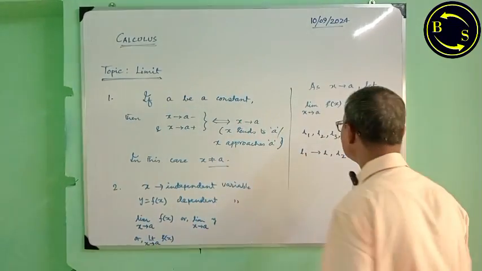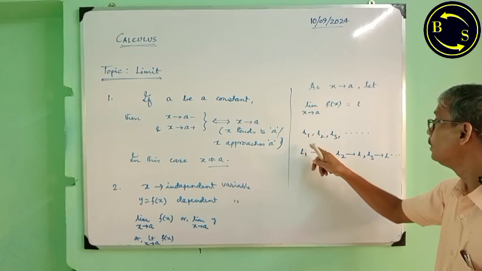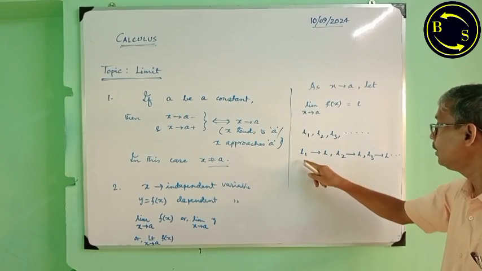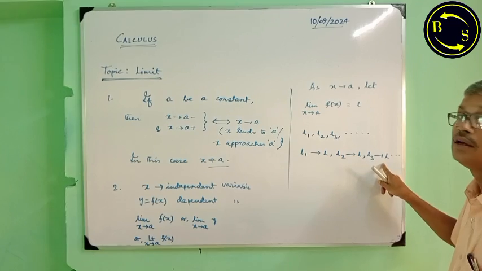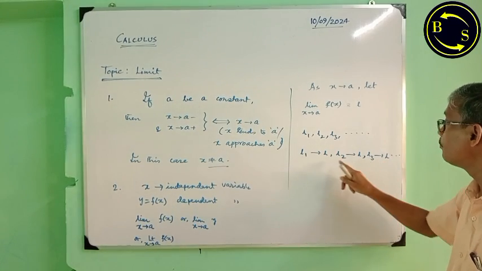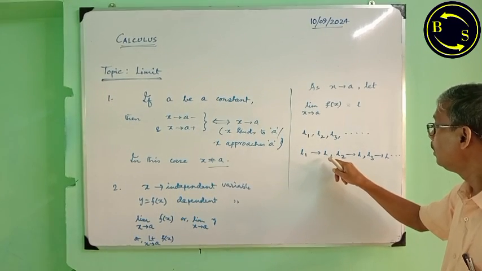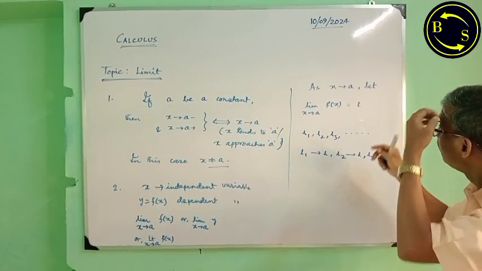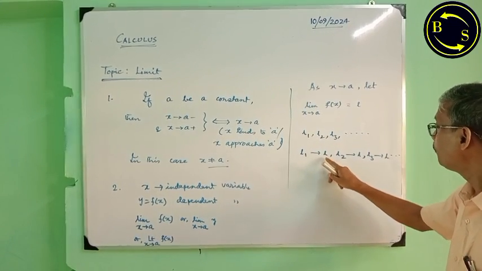Value of each of L1, L2, L3 is near to L. That means L is a fixed value.